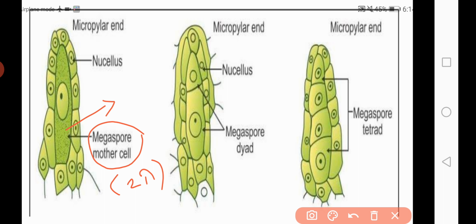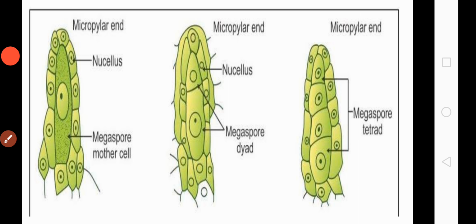As a result, 4 megaspores are formed, and all these megaspores are haploid in nature. This process is called megasporogenesis, the formation of megaspores from the megaspore mother cell through meiosis. Any doubts? So in this way, from a single megaspore mother cell, 4 haploid megaspores are produced.